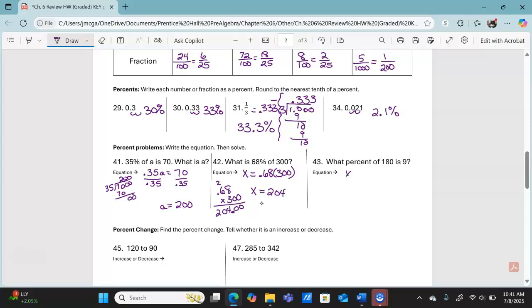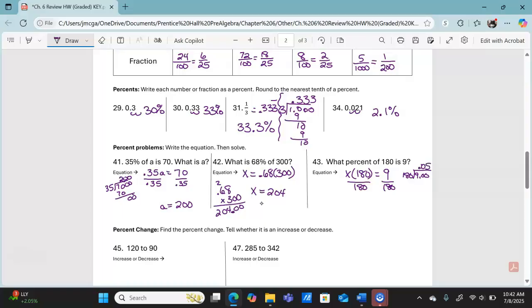What percent, so that's my x, of 180 is 9? "Of" means multiply, and "is" is my equal sign. So I need 9 divided by 180. It will not go any there.